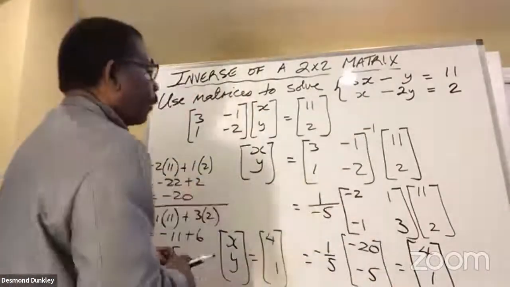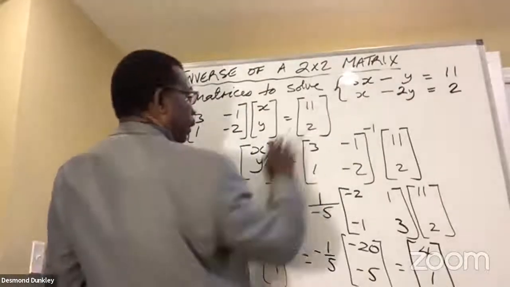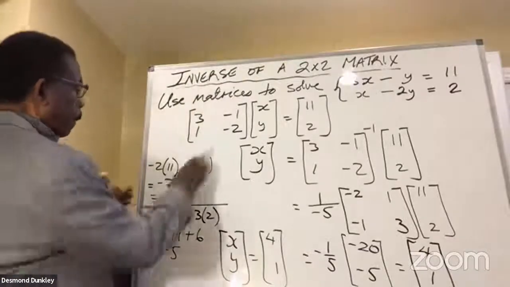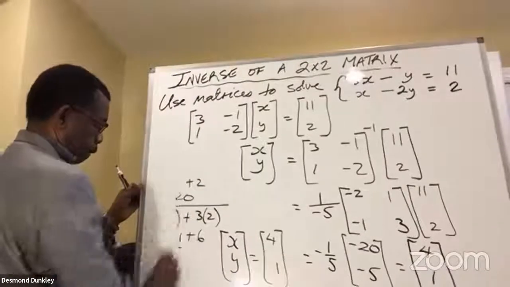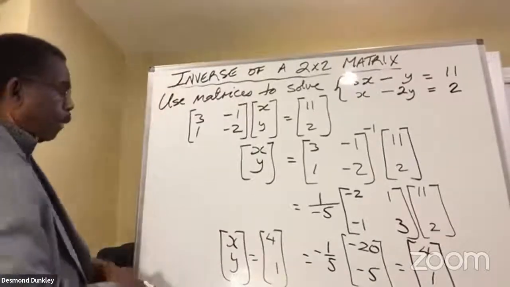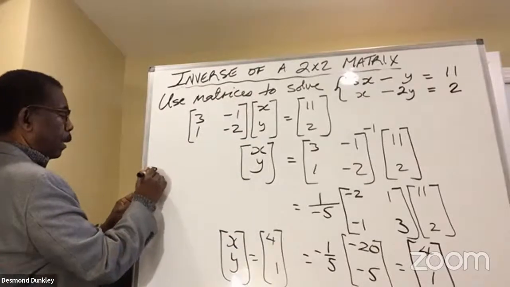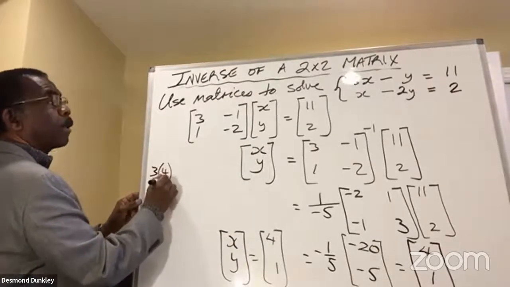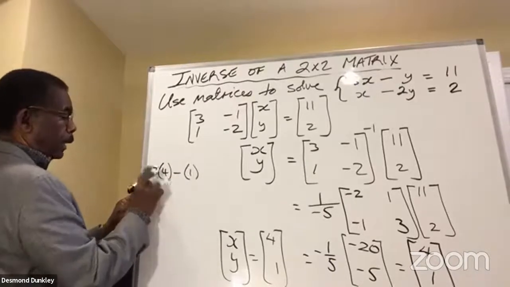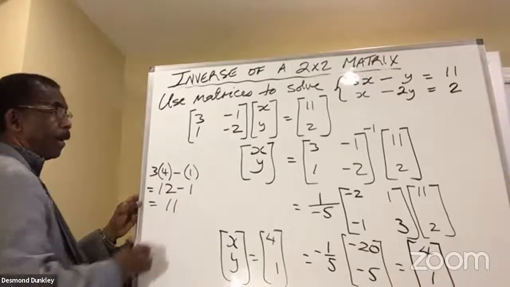Okay, here we go. And x is 4. Let me make some space because we need some room. So we end up with x being 4, y is 1, so it's 3 times 4 minus 1. 3 times 4 is 12 minus 1 equals 11.